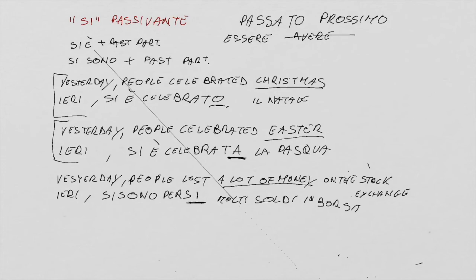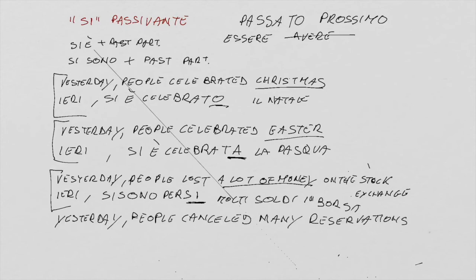Now let's use a feminine plural direct object. Yesterday people cancelled many reservations. So, ieri si sono, again, because many reservations is plural, so you must use sono. And then we have to use the past participle of to cancel. In Italian, the verb to cancel is cancellare.